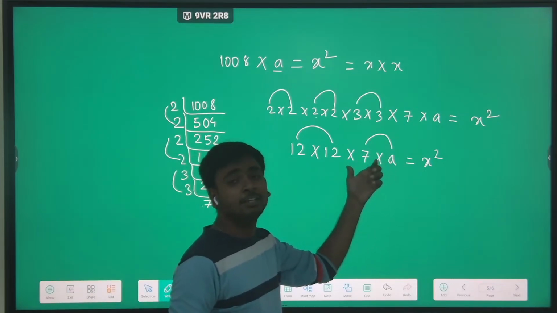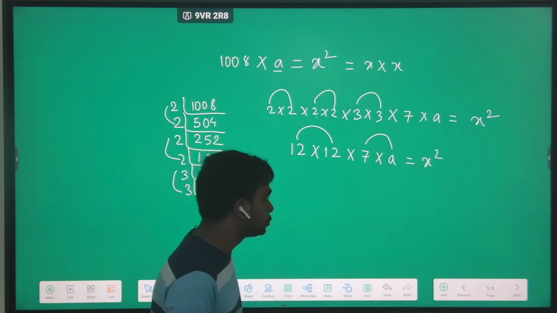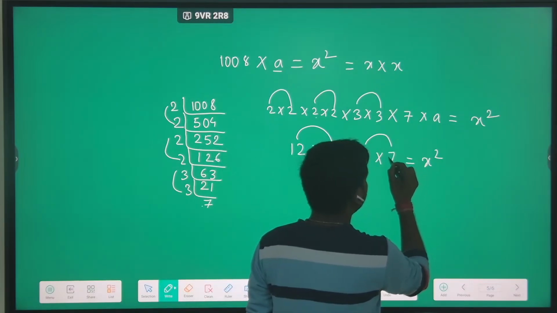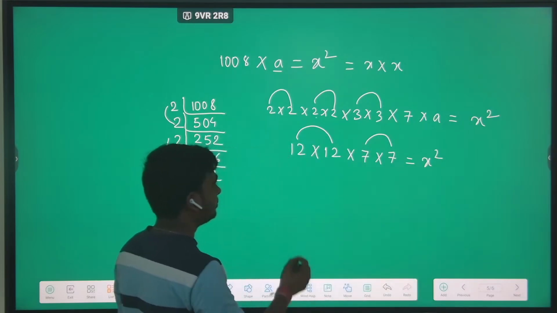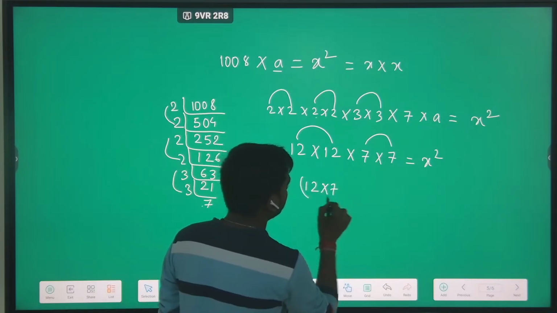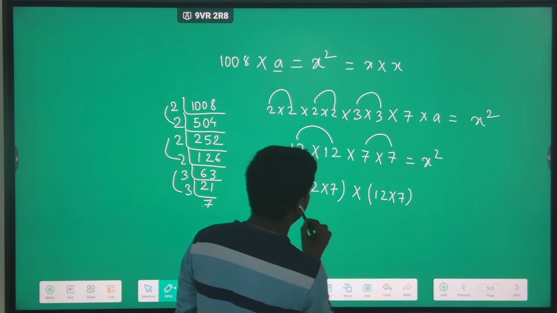Similarly, this 7 should be multiplied with 7 to make a perfect square. So if we write this a as 7, we will get the number as 12 into 7 multiplied with 12 into 7. So what will it be?